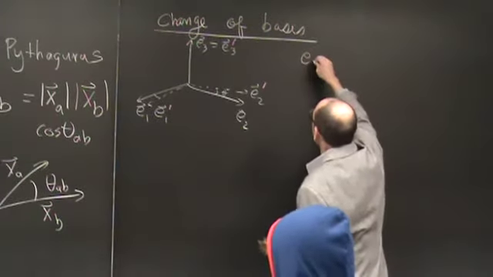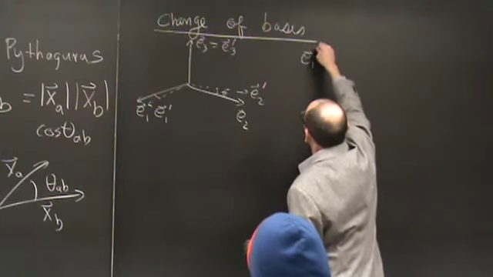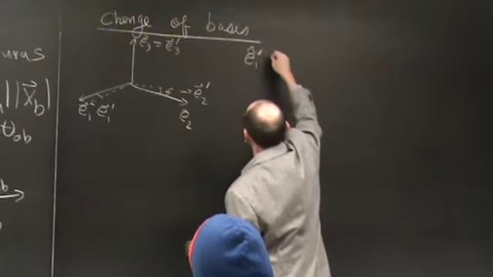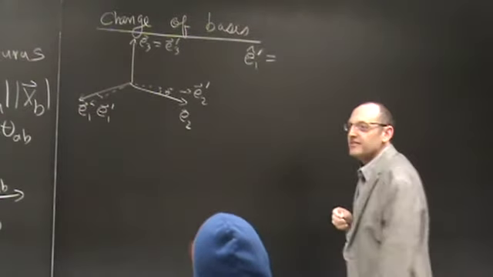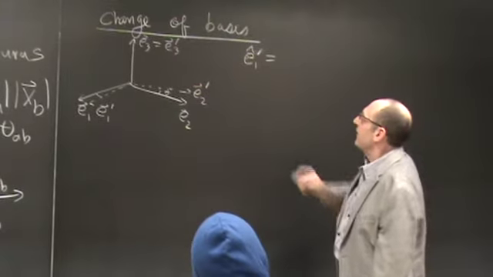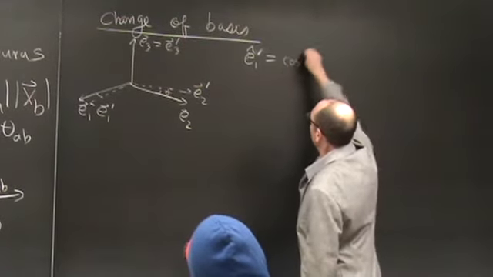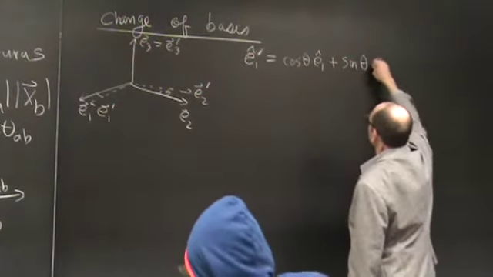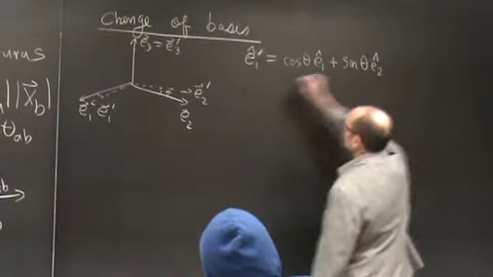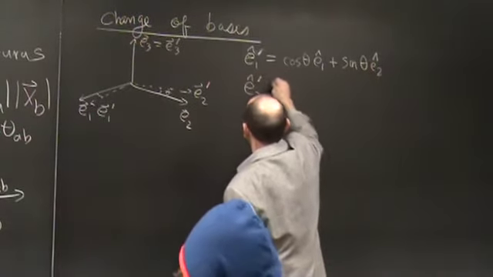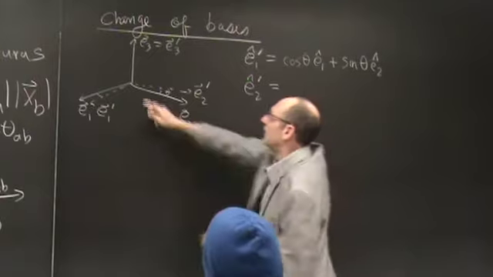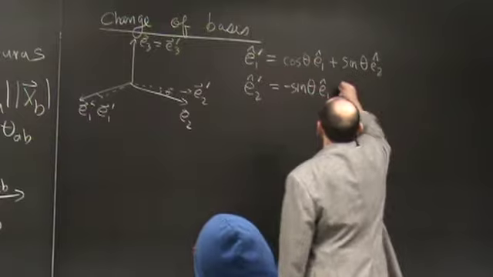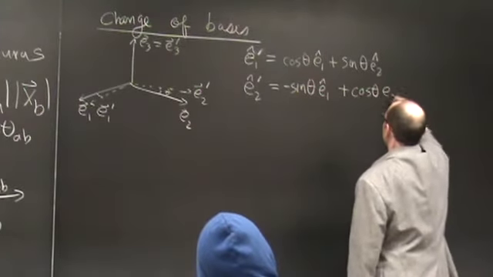In this case, my new e1 prime, I'm not putting hats on it, but you'll excuse me, sometimes I'll put hats and sometimes I'll forget that they're unit vectors. This vector, just from geometry, is cosine theta e1 plus sine theta e2. The new e2 prime has a negative component: minus sine theta e1 plus cosine theta e2.